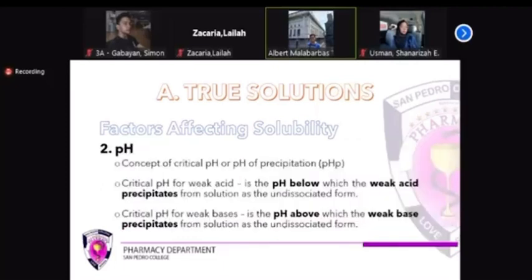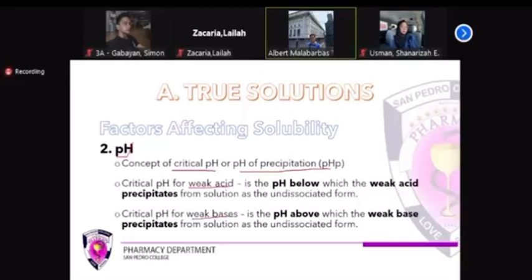Next, another factor, aside from temperature, we have pH. pH involves the concept of critical pH, or the pH of precipitation. What do we mean by critical pH?